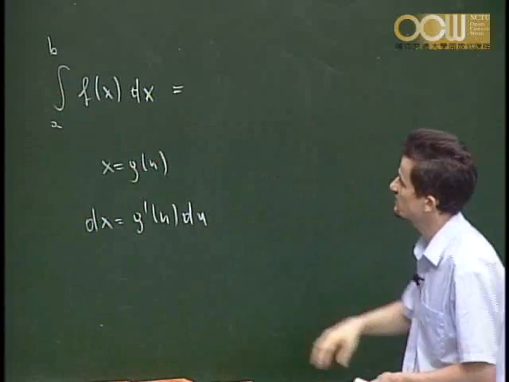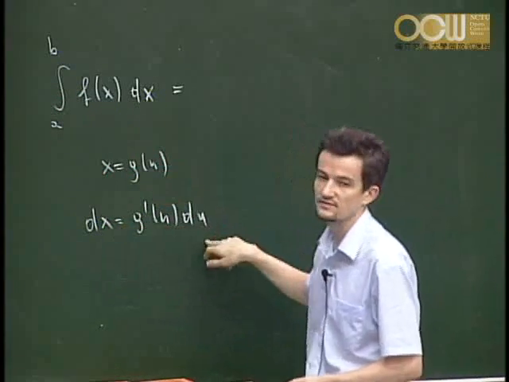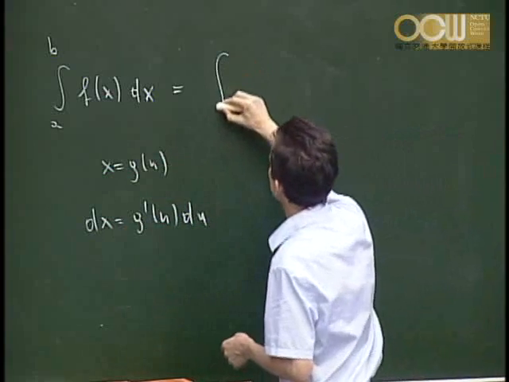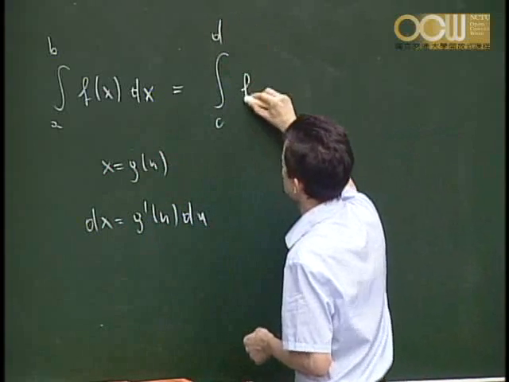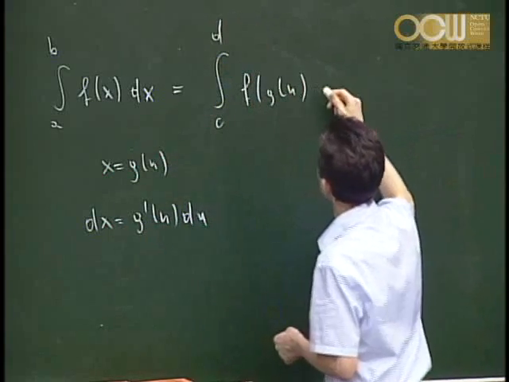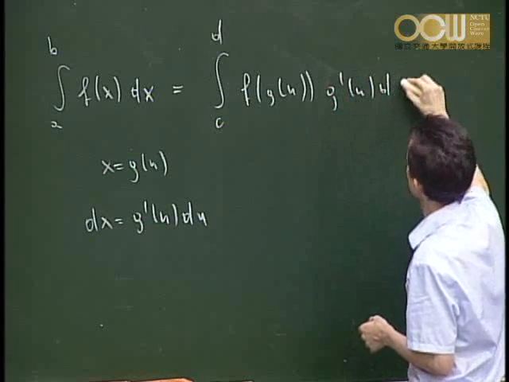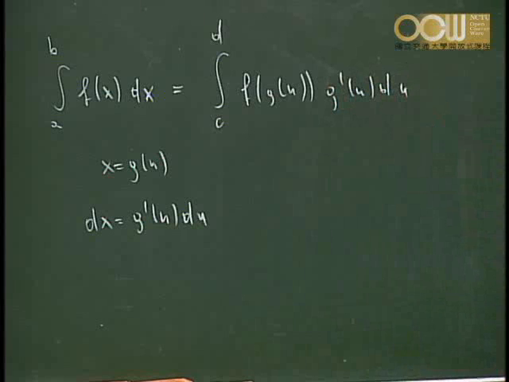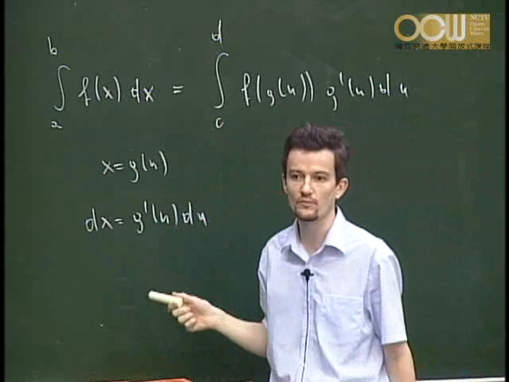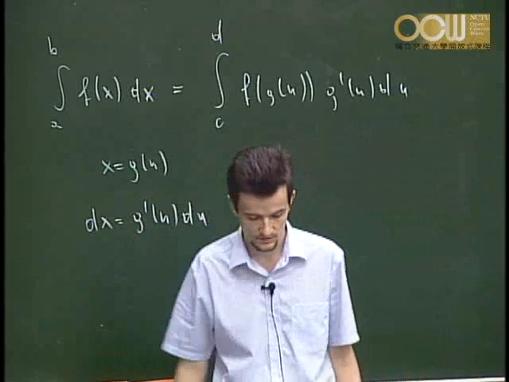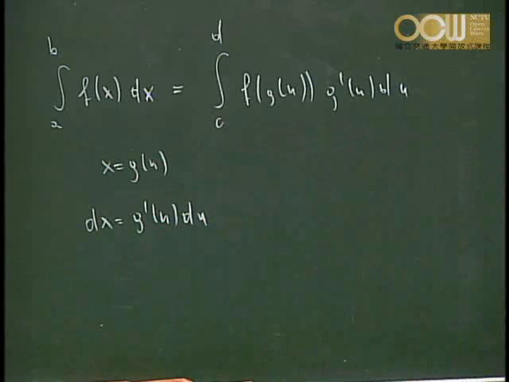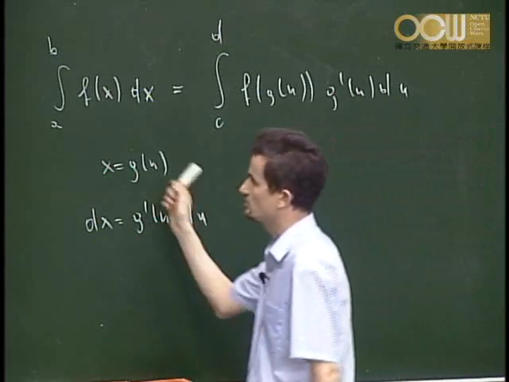And you then replace x by g of u and dx by this expression here. Okay, so this was the substitution rule. The way I use the substitution rule here is just formal. But last semester I showed you how to prove this rule, and this is a good way to memorize it.